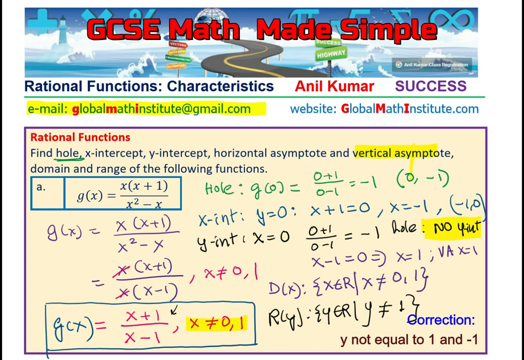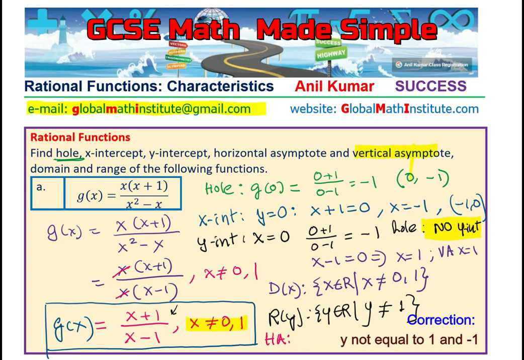I missed the horizontal asymptote earlier, so let's see how we find the horizontal asymptote from here. Whenever the coefficients are the same for numerator and denominator, the horizontal asymptote is equal to the ratio of leading coefficients.